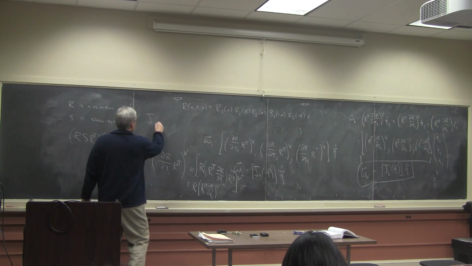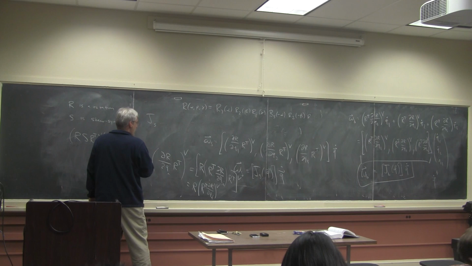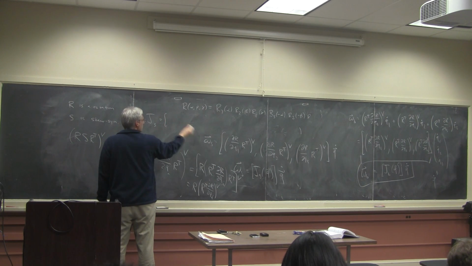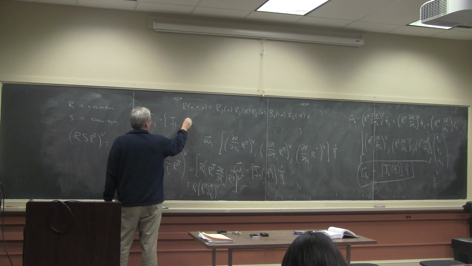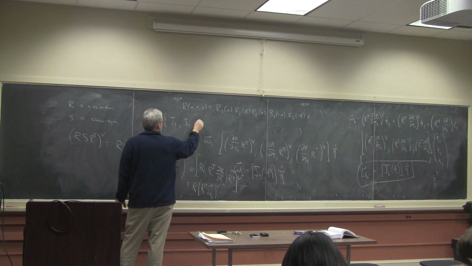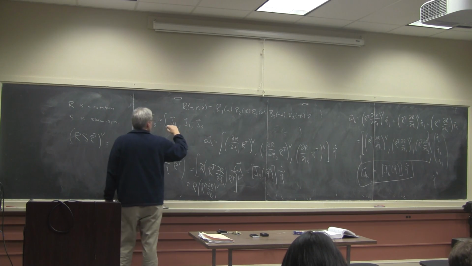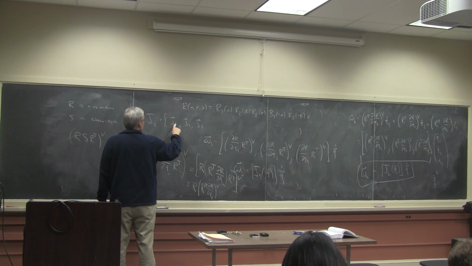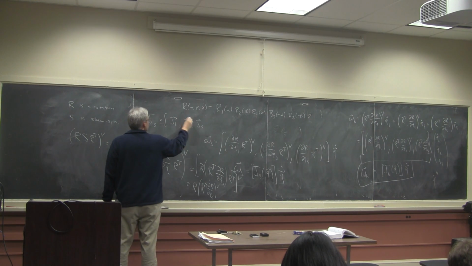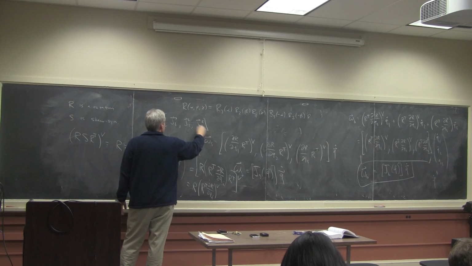So if I give you a matrix J space fixed, and it has columns, I'll call them J1, J2, J3, or maybe J1S, J2S, J3S.